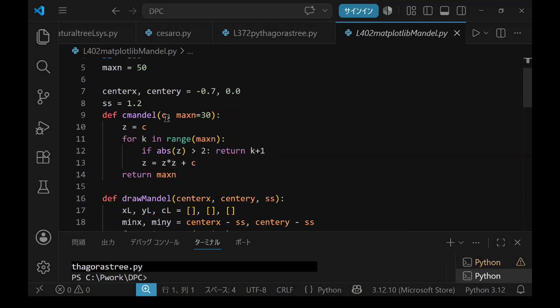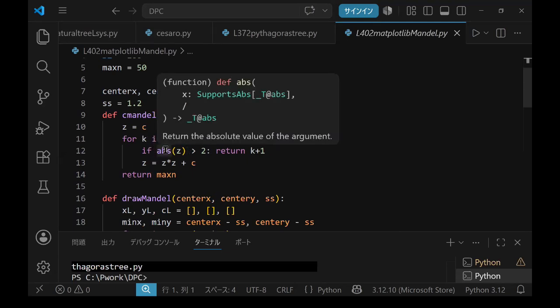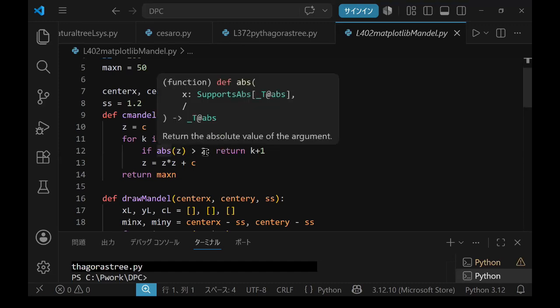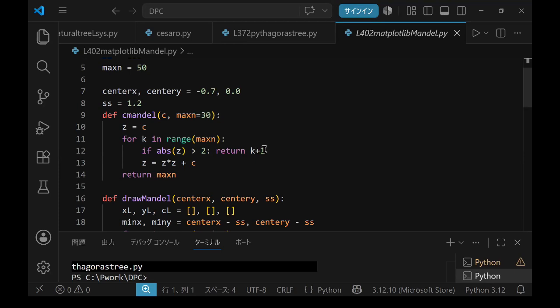We start from any complex number c. We repeat until the distance from the origin is over 2 or not. If it goes over 2, you return the iteration count. Otherwise, calculate the new z equal to z squared plus c.